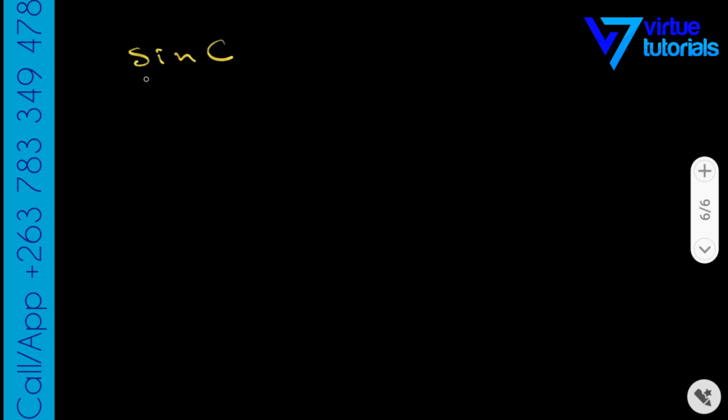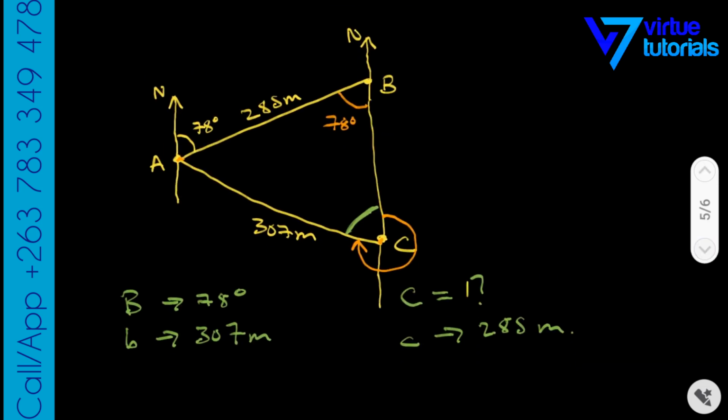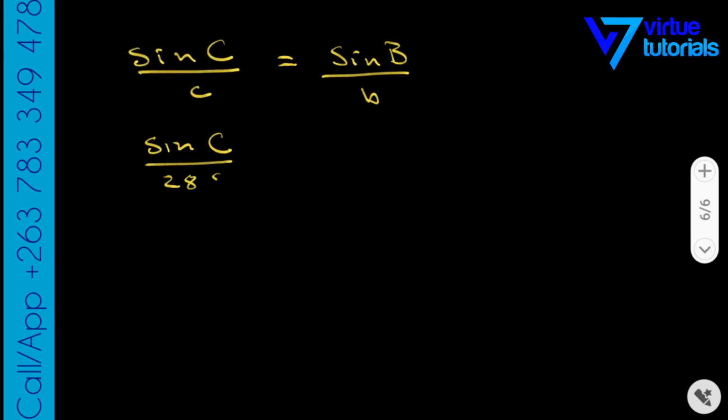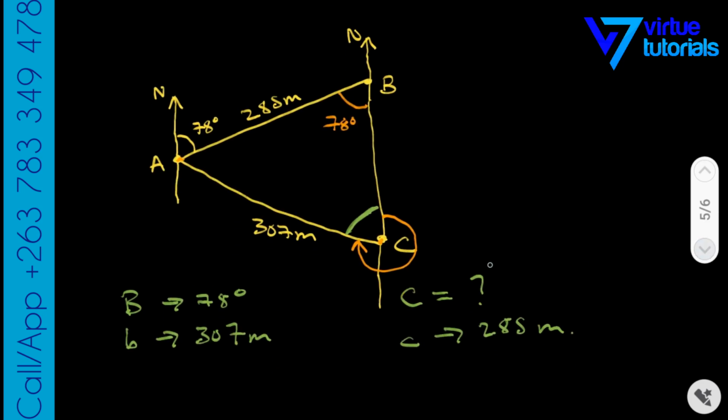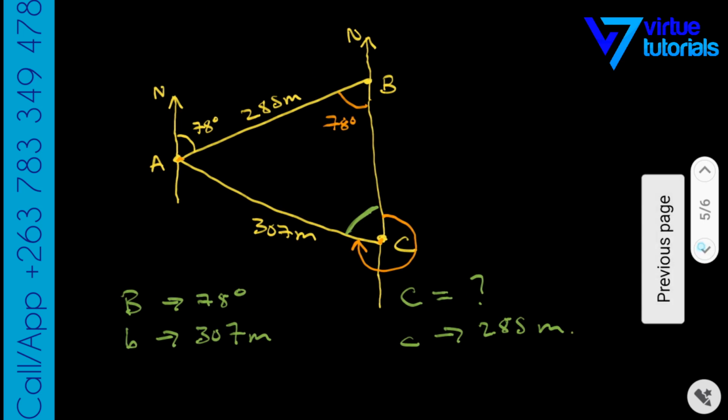Sine C over c is equal to sine B over b. That is sine C over the side opposite C, 285, is equal to sine 78 over 307.